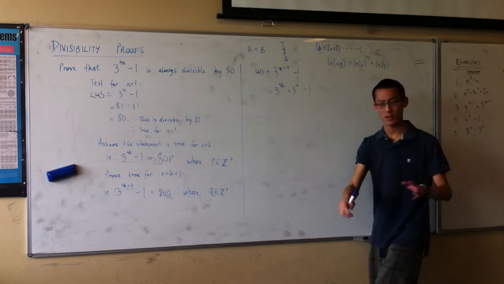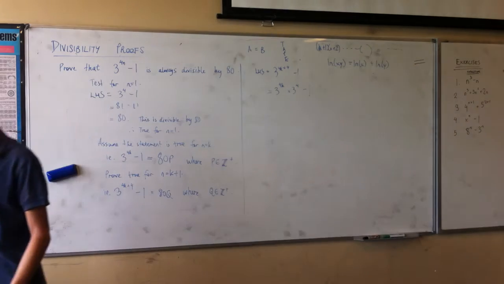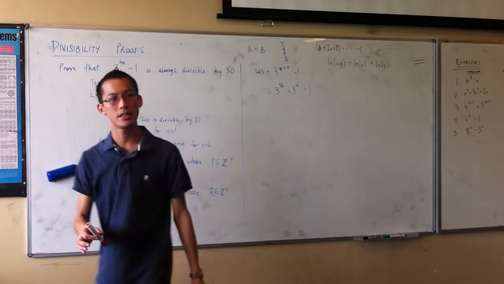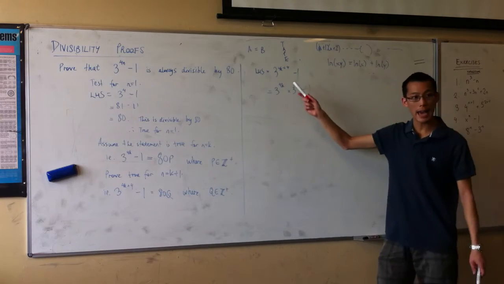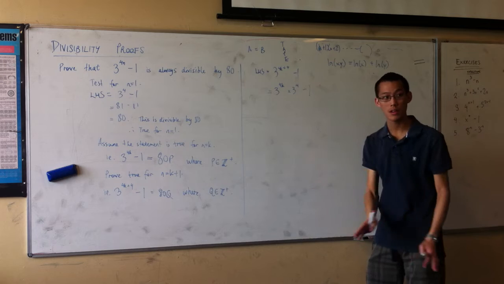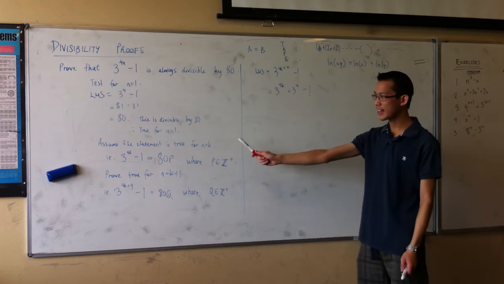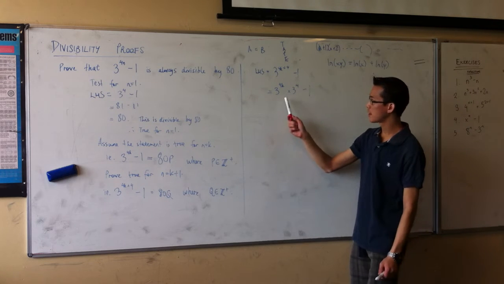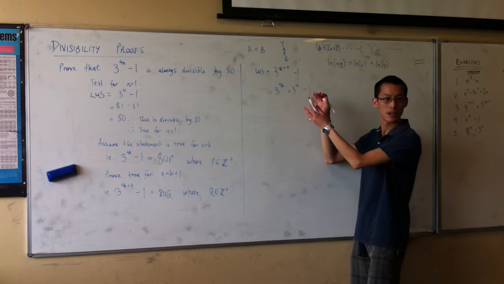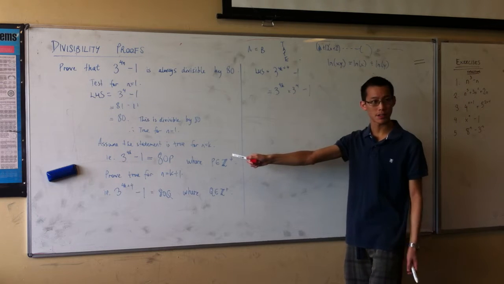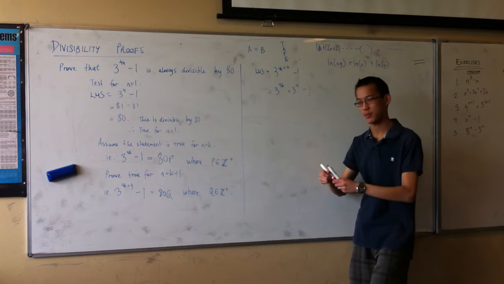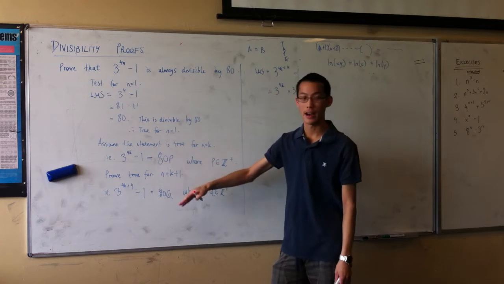Alternatively, and I've seen a few people do this, which is why I'll draw attention to it now, maybe you want to take the 3 to the 4k and just substitute that. If you wanted, that's fine. However, I can't do it at the moment because I don't have 3 to the 4k equal to something, right? My assumption's a little different. So I'm going to work a little on my assumption first, provided I've done this earlier.